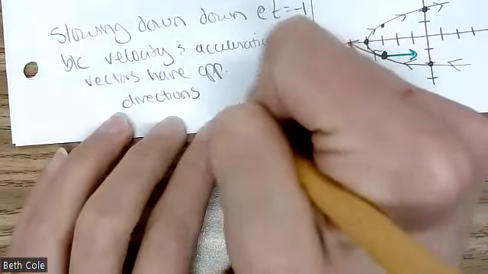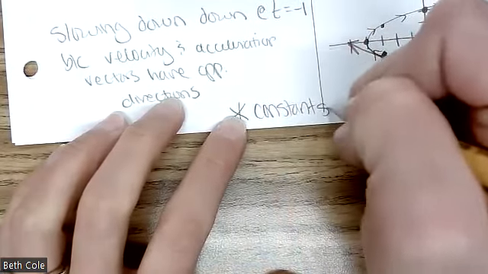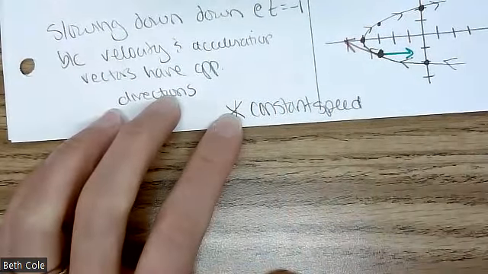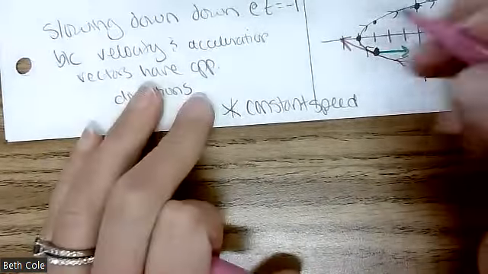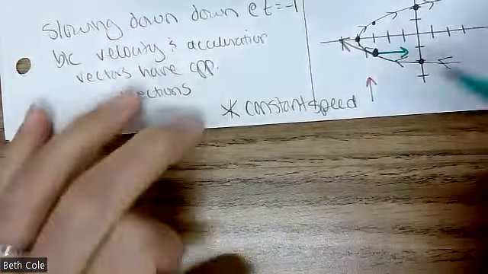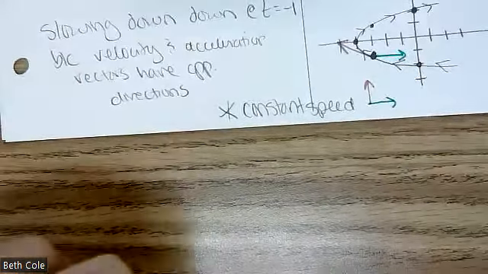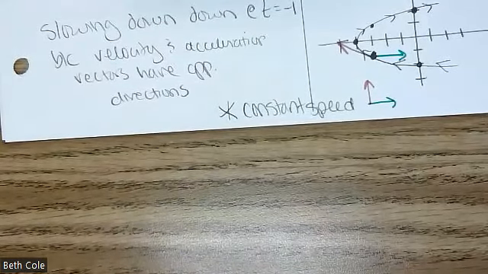I didn't leave a lot of space. I wrote too big. Your constant speed, like cruise control, would have your velocity and acceleration vectors doing something like this. Like at a right angle. That would be a constant speed. So neither speeding up nor slowing down.